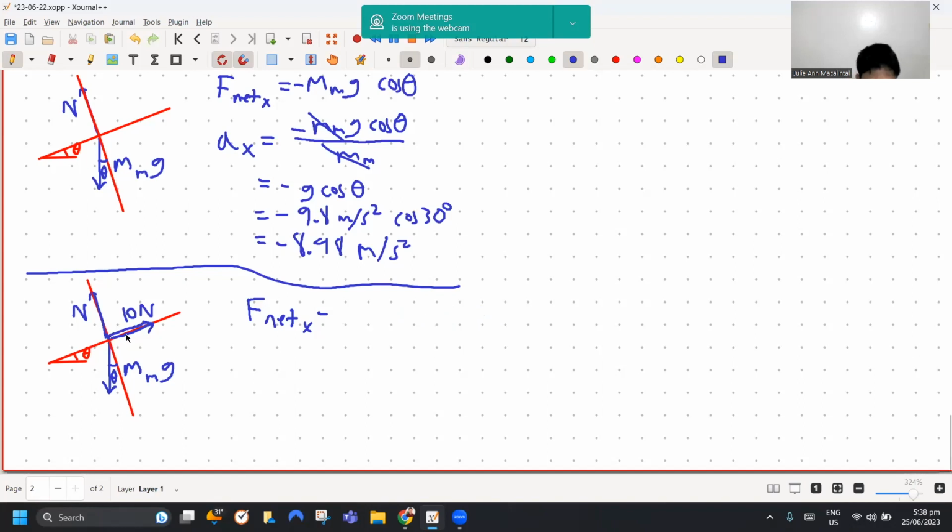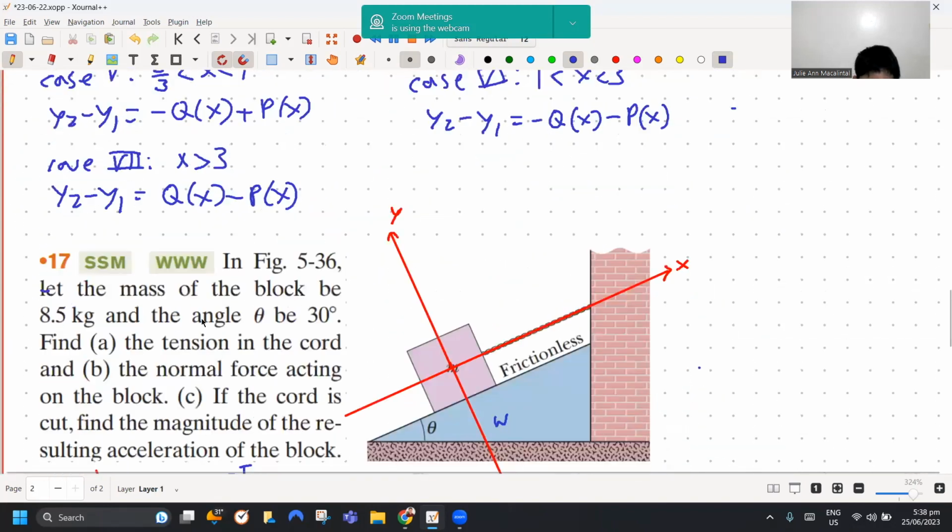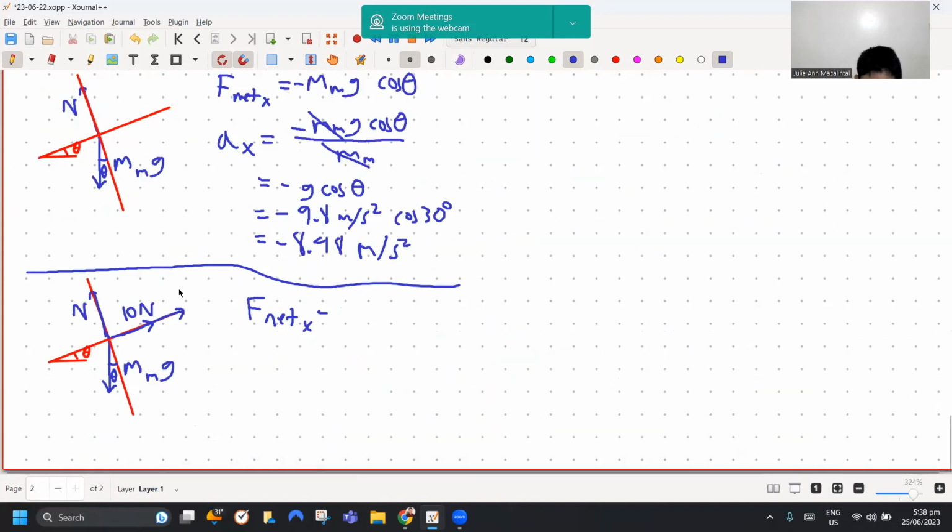So ano yung F net along X, ano yung F net along Y? Plus the tension. Okay. So kung wala yung applied force, yung tension ay 72.